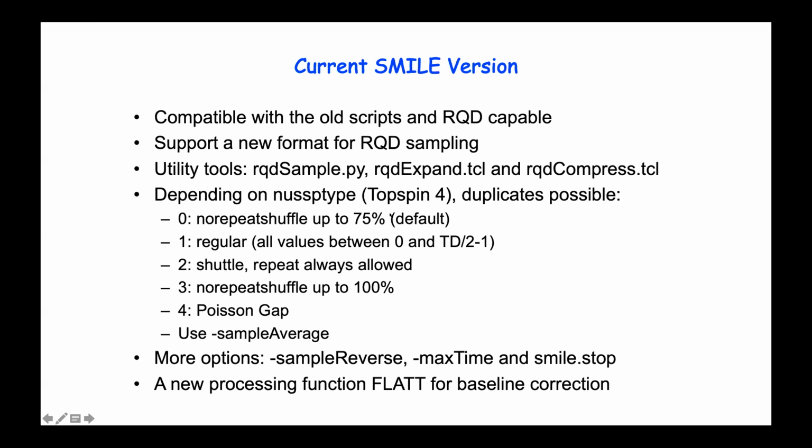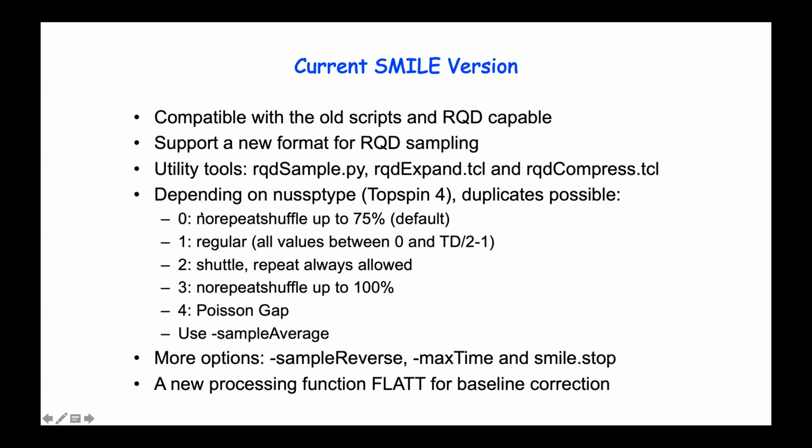It doesn't have to go to 75%. If you set it to this, it will repeat. You will have duplicates in your sampling schedule, meaning that the same time point is collected twice. If you set it to 3, there's no repeat, even up to 100%. If you set it to 4, you get a percent gap. It only works for TopSpin 4, I think.